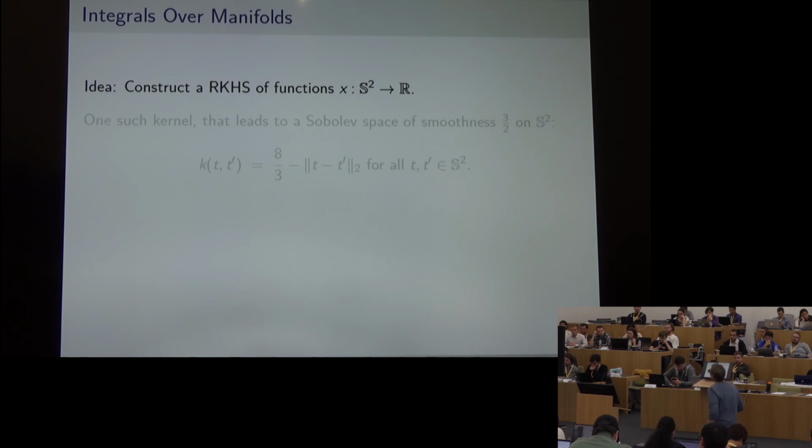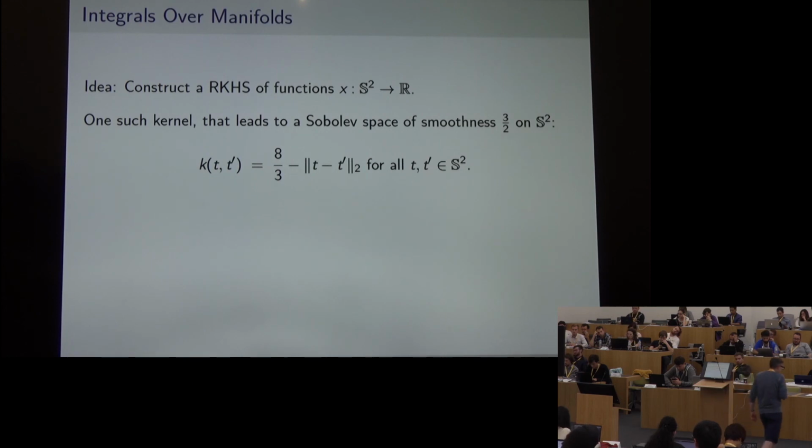And the example that we've given here is we're going to define a Cameron-Martin, a reproducing kernel Hilbert space of functions which map from S2, the sphere, onto the reals, and the kernel, the covariance function that would lead to a Sobolev space of smoothness 3 over 2, which actually turns out to be optimal for S2, is this little operator here, this covariance function here. Okay?